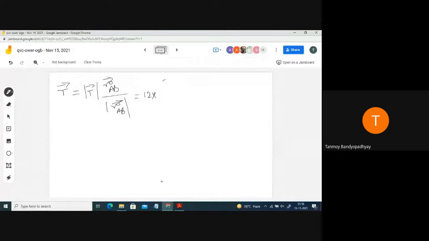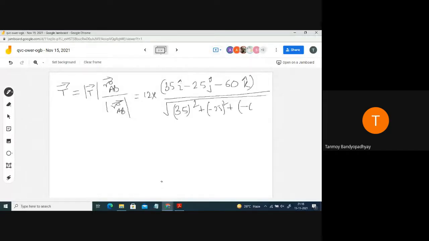So this is 35i minus 25j minus 60k cap divided by what will be the magnitude of this one. So the magnitude is actually square root of 35 square plus minus 25 square plus minus 60 square. So this is totally the unit vector actually in the direction of T.